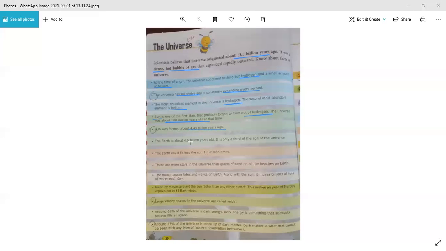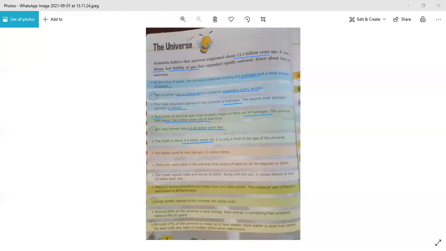It was formed near about 4.49 billion years ago. So children, you have to learn when the sun was formed. And how old is the earth? Earth is near about 4.5 billion years old. So you have to learn the sun's age and the earth's age also.